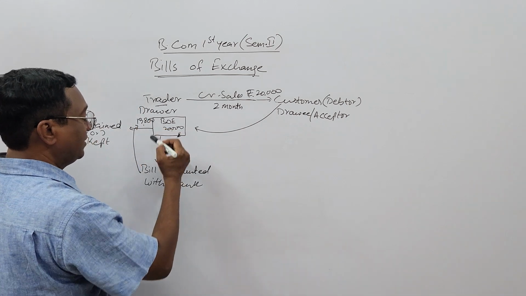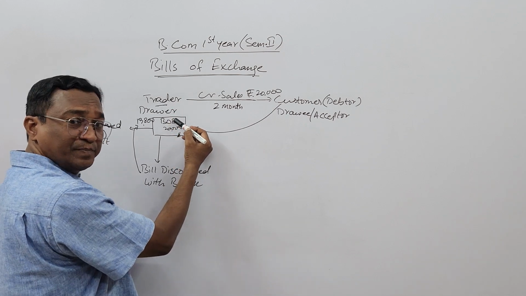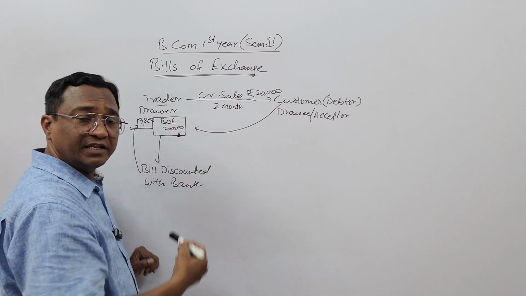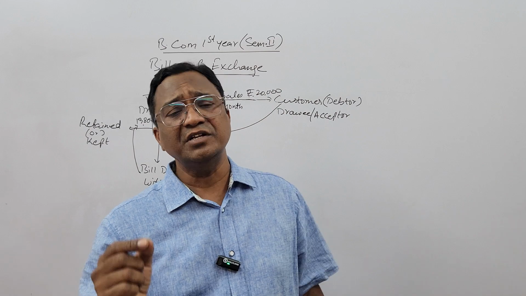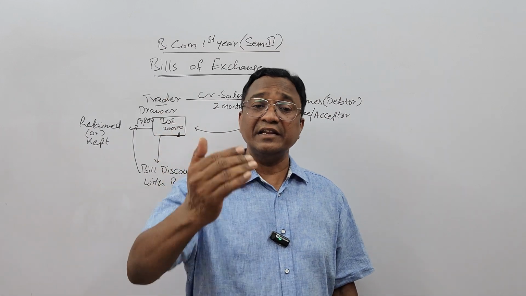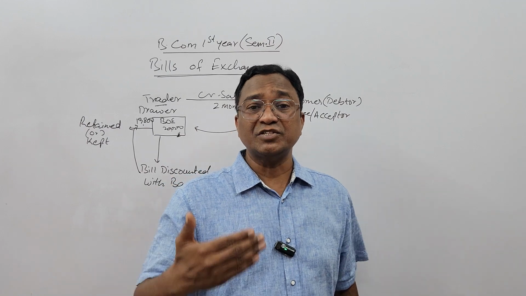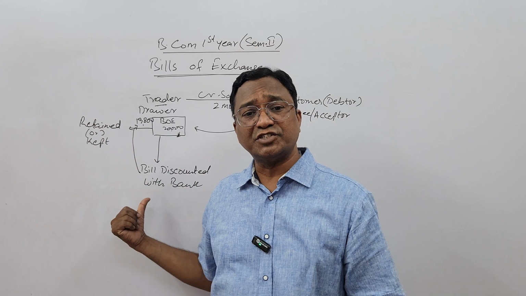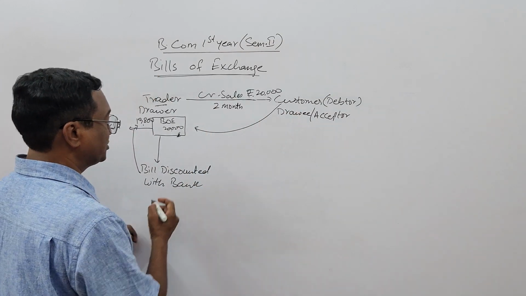So this is a benefit for the trader because when this bill is given to the bank, the bank immediately gives 19,800, with some percentage deducted for that 2 months calculation. I am assuming it as 200. So immediately he is getting 19,800, and his need for that money is fulfilled with this bill of exchange. That is the reason they take bills of exchange.